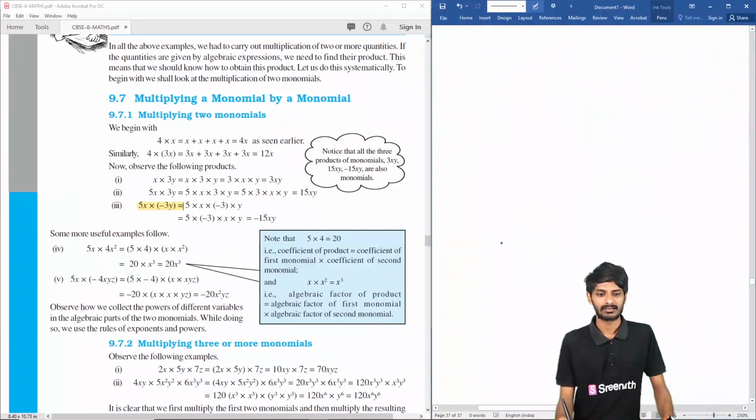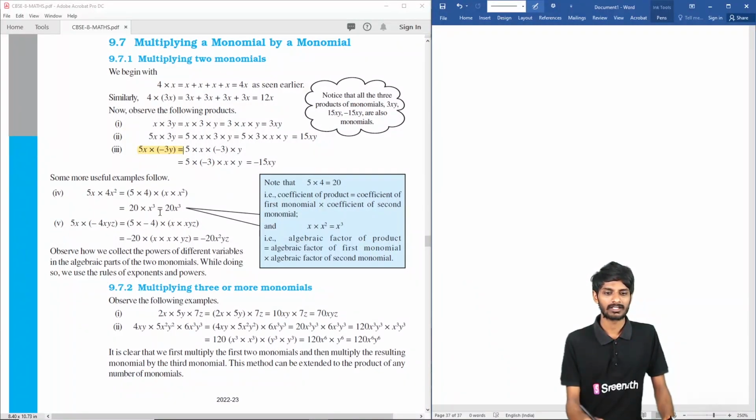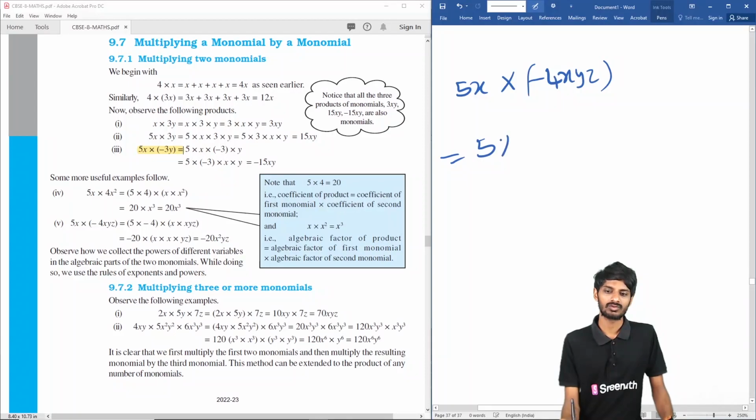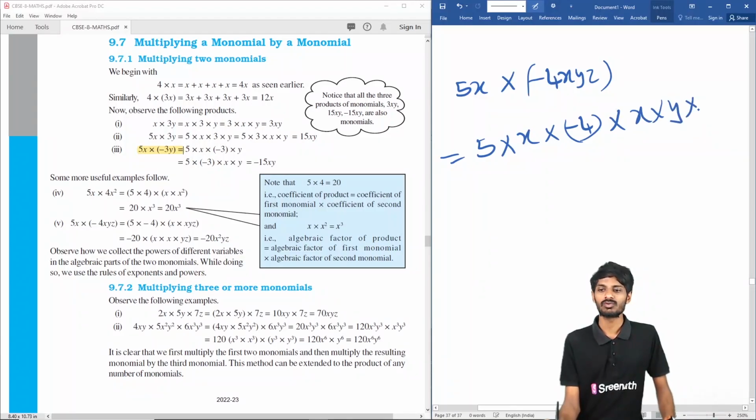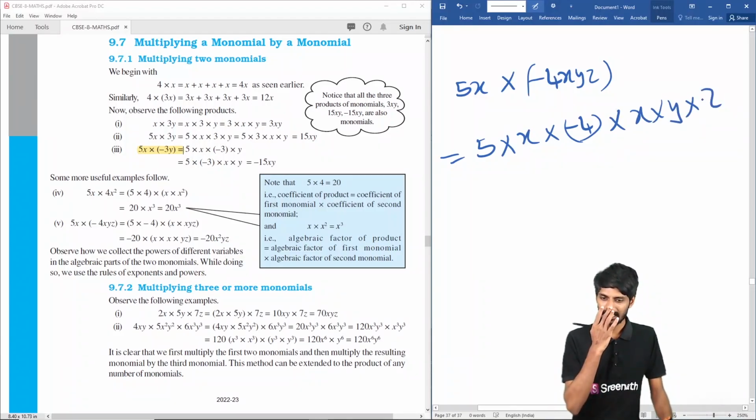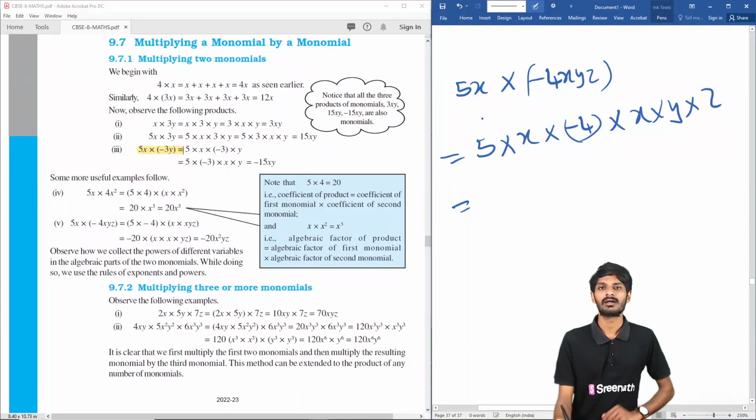Okay, students. And here is an example I will explain to you. That is 5x into minus 4xyz. So it is 5 into x into minus 4 into x into y into z. We can write it like that. So how to do it is, we have to bring the numbers first.